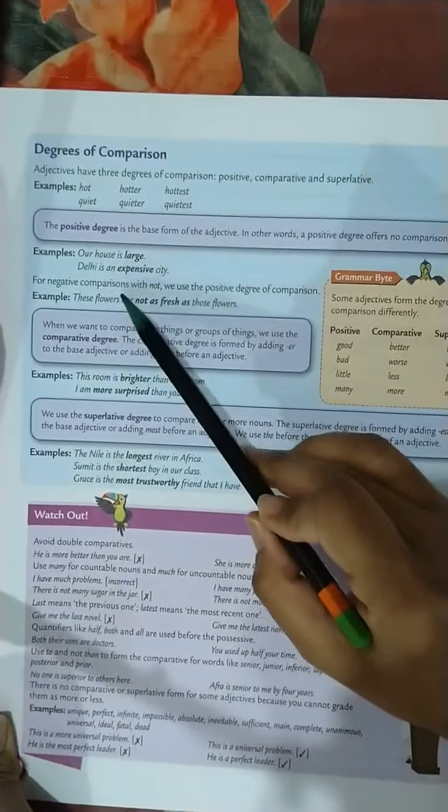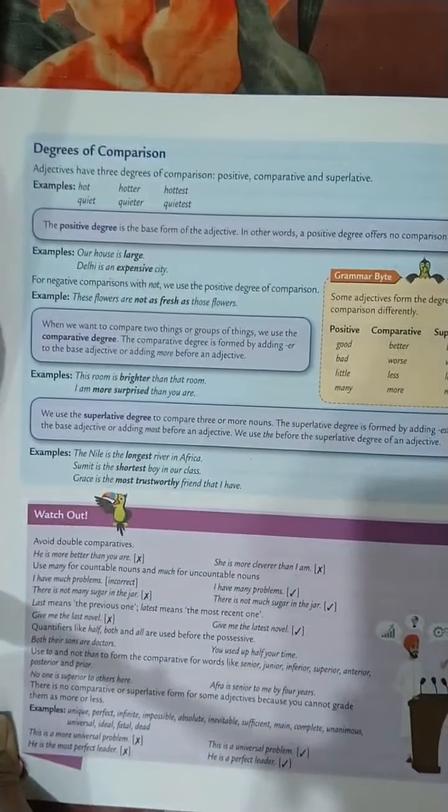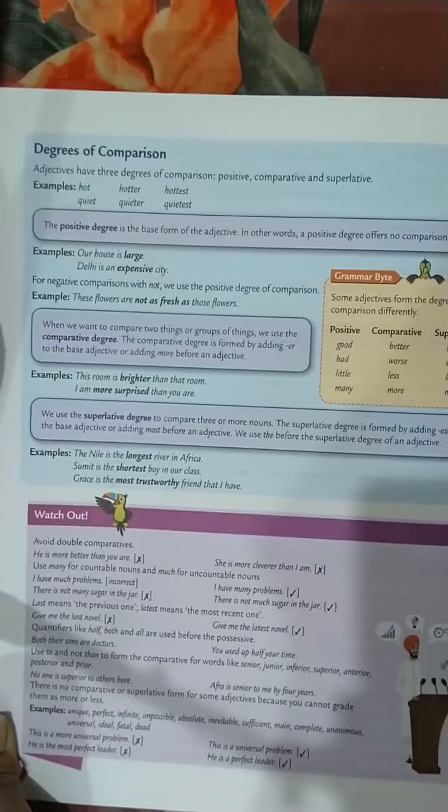And for negative comparison with not, we use the positive degree of comparison. If we want any negative comparison, then we have to put not.